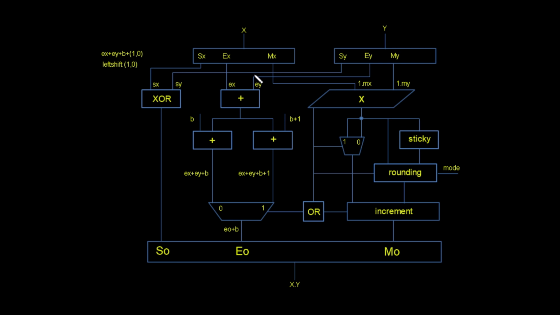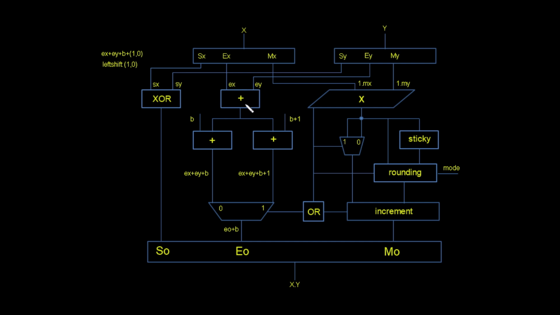Those are the biased exponent values, so we've already added the value of 15 on, so these are the actual values that you would get in your floating point number. But what we want to do first of all is subtract off so we can get small EX and small EY. So small EX and small EY are the unbiased exponents. So we've subtracted the value of 15 off.